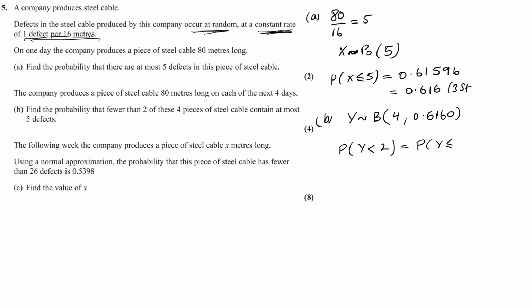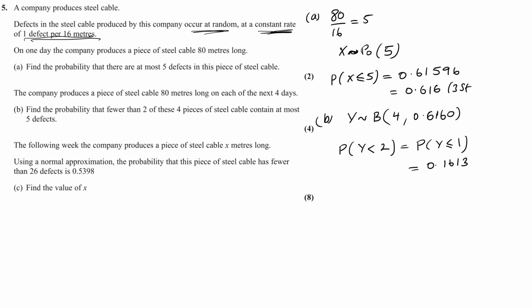So make it equals. So we're looking up less than or equal to 1 in either the binomial tables or your calculator. So in your calculator, if you use those values, from here you'd have 0.1613 to 4 decimal places.